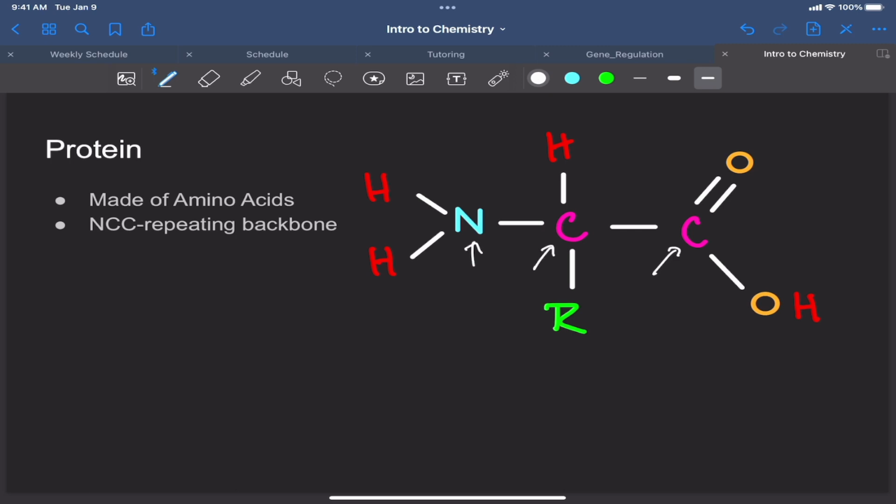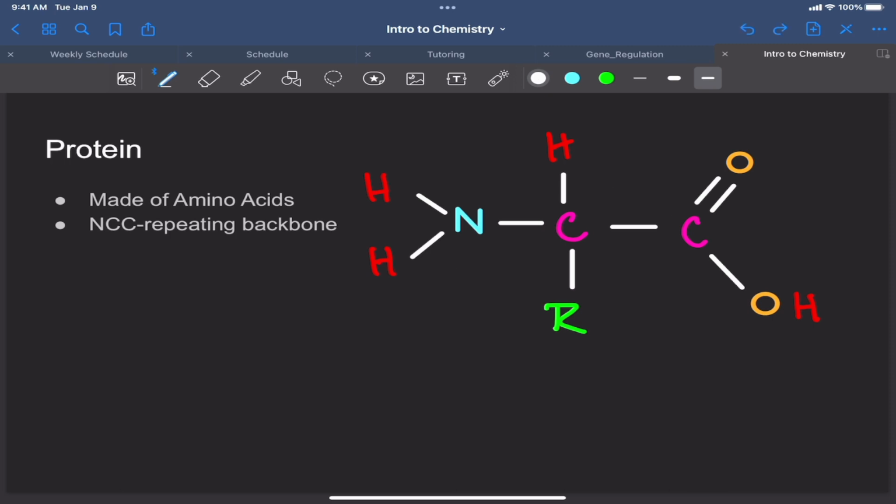Okay? So, essentially what we have here is an amino acid is made up of an amine, an alpha carbon, and a carboxylic acid here. Okay?